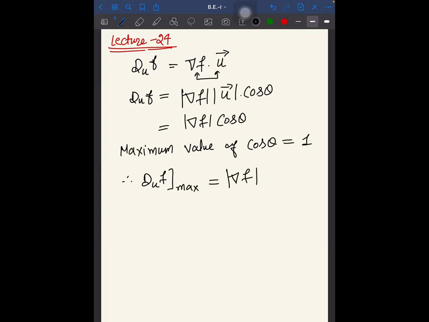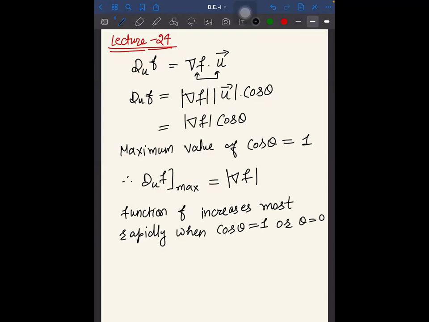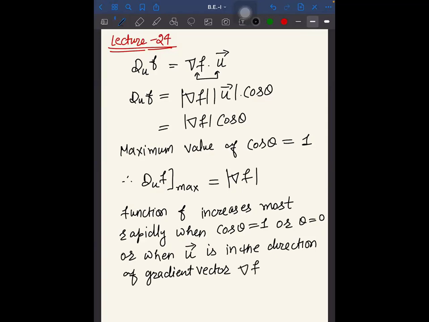So by this we say that the function f increases most rapidly when cos theta is equal to 1, or theta is equal to 0, or when u is in the direction of the gradient vector del f at p.